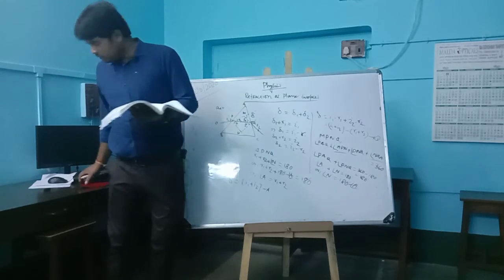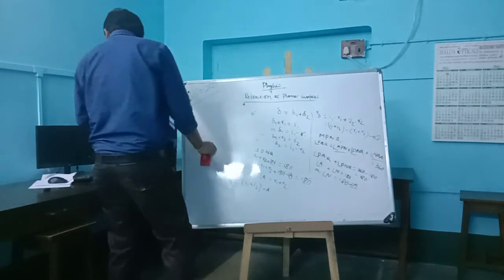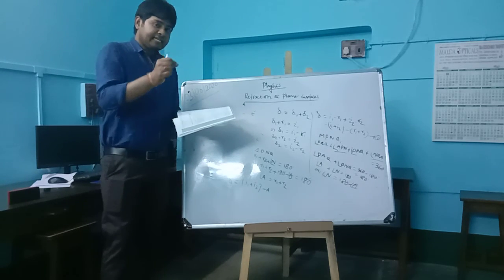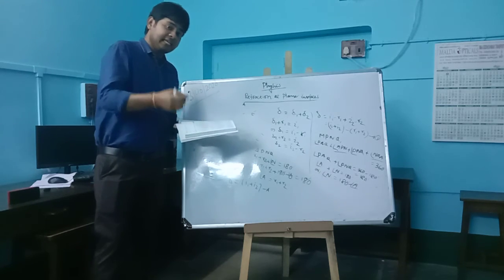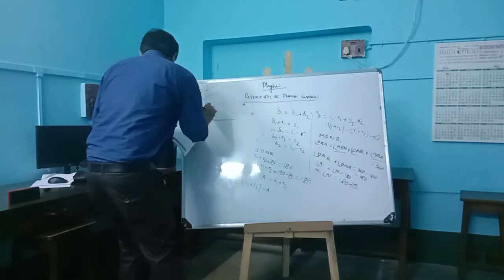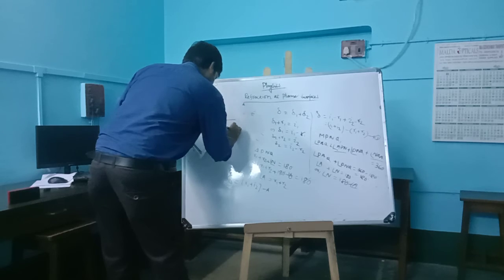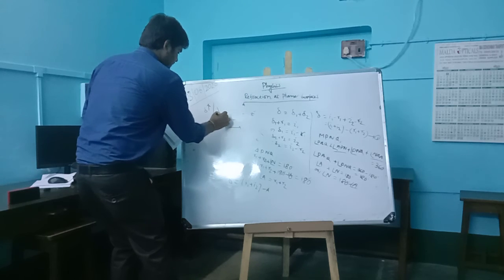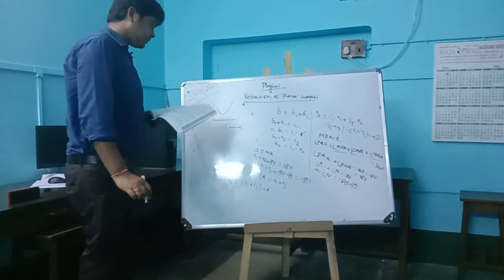Now, when the angle of incidence is increased, the deviation at first decreases slowly. After a certain increase of this angle, it will increase. So if we plot the graph with delta along the y-axis and angle of incidence I along the x-axis, we will see that at first it decreases, and after a certain increase of angle, it increases.